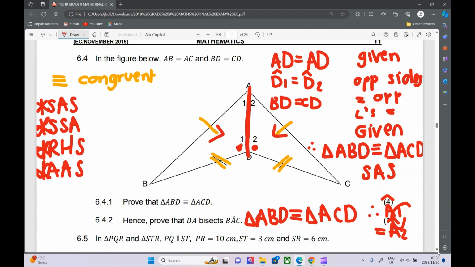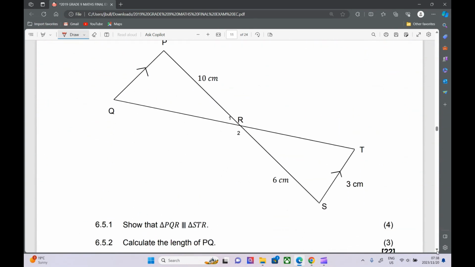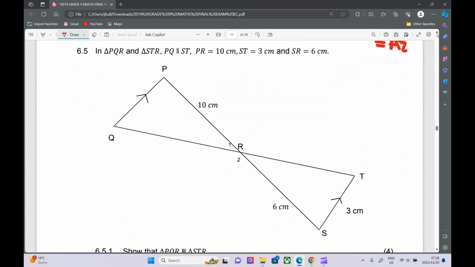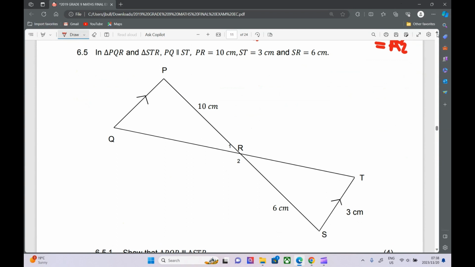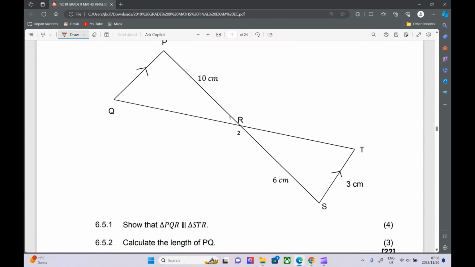Okay, next up, let's see. I think it's a similarity question. Yeah, we want to prove that they're similar. So first of all, show that triangle PQR, so this top triangle, is similar to this bottom triangle. Okay, so for similarity, there's only two reasons you can use.